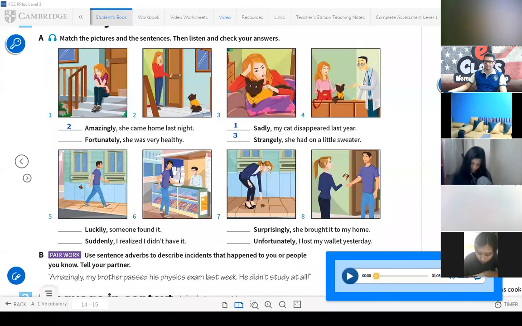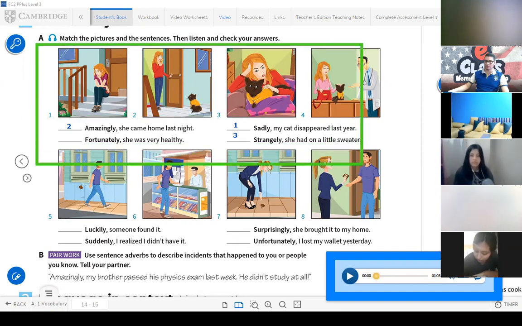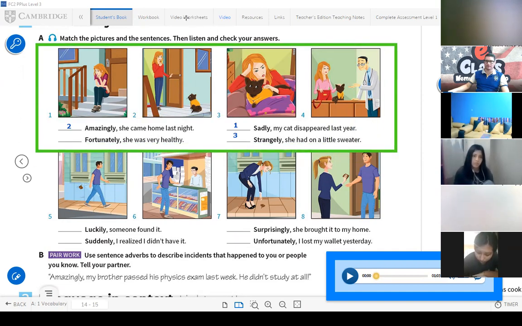Surprisingly, she brought. No, it's not. Surprisingly, creo que sí. Are you sure? But we are talking about the story, ¿ah? Estamos hablando acerca de esta story. ¿Cuál es lo último que nos queda aquí? Is this, right? Fortunately, right? Fortunately, ¿no? She was very healthy.